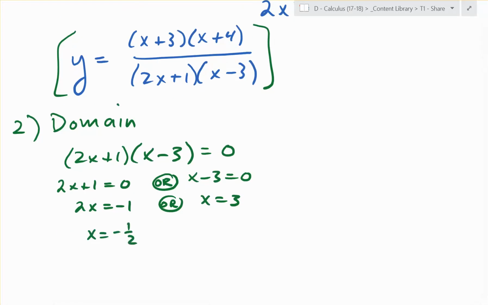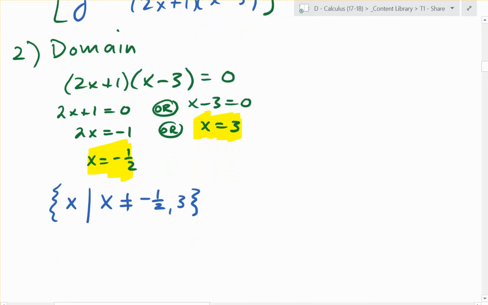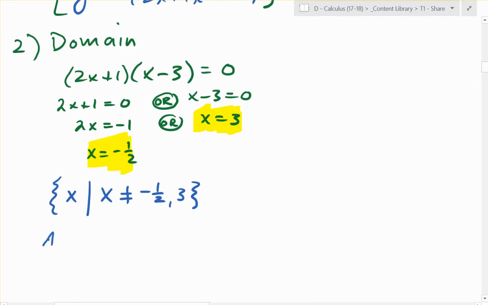So you have two things here. x equals negative a half and x equals 3. Those are two numbers x can't be. So the domain is going to be the set of all x values such that x doesn't equal negative a half or 3. Another way to write that is all real numbers except negative 1/2 and 3.